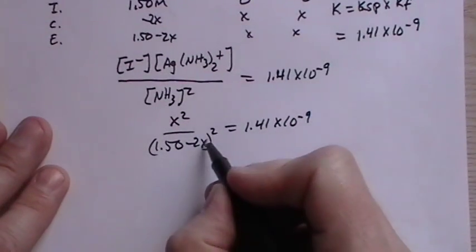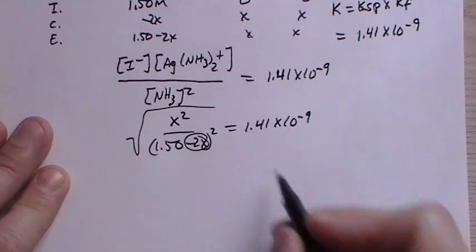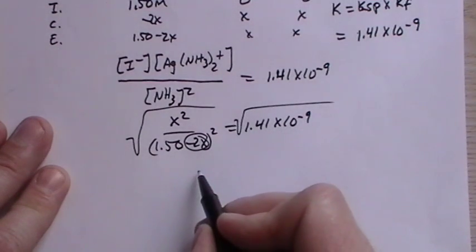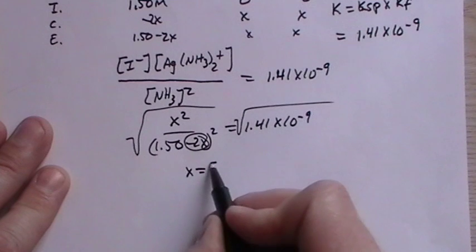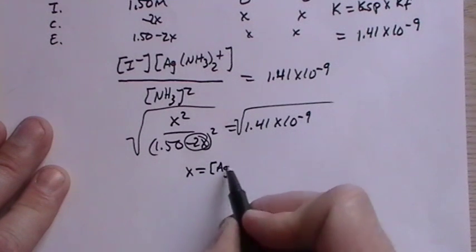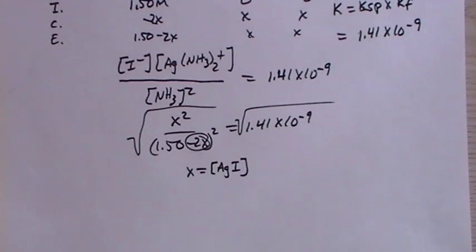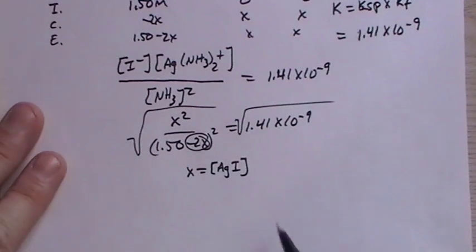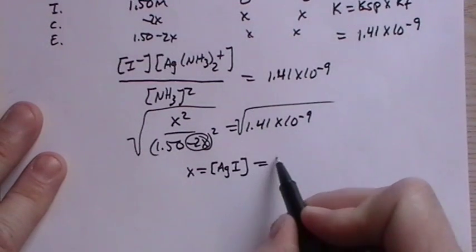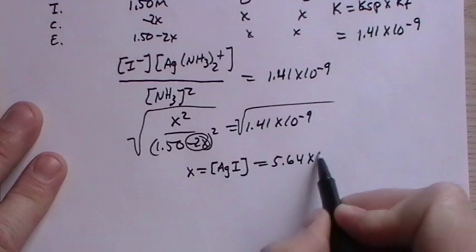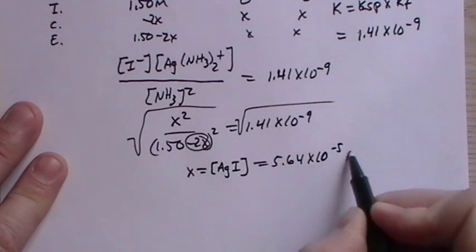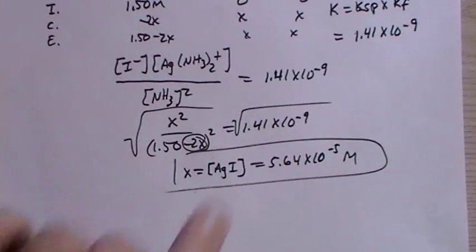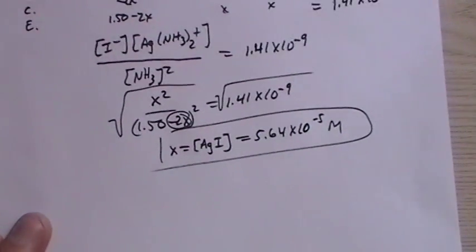All right, the approximation is going to hold, and we can take the square root of both sides, and we end up with x, which is the concentration of I minus, is also the concentration of AgI in solution. That's our solubility, and we'll say molar solubility is 5.64 times 10 to the minus 5 molar. Still small, but if you remember that on its own, it was something like 10 to the minus 9. So we've made the silver iodide about several thousand times more soluble by adding that ammonia.